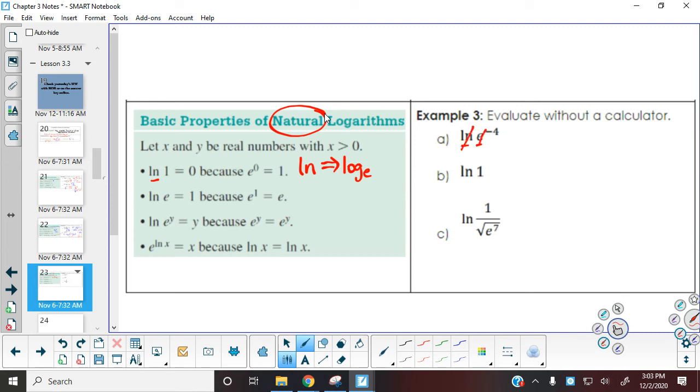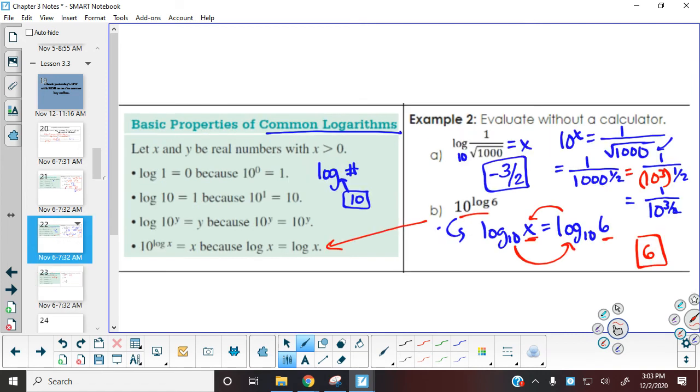So those just cancel each other out, so you're left with -4. Now you could have thought about this last one that we did, the same concept. A base of 10 and a logarithm, those are inverses, and those cancel each other out, so you're left with 6.